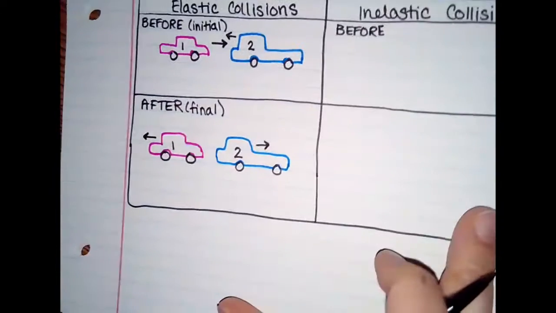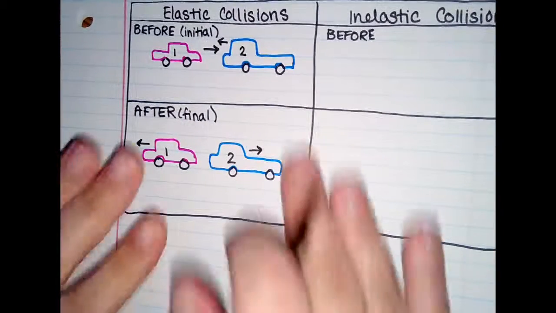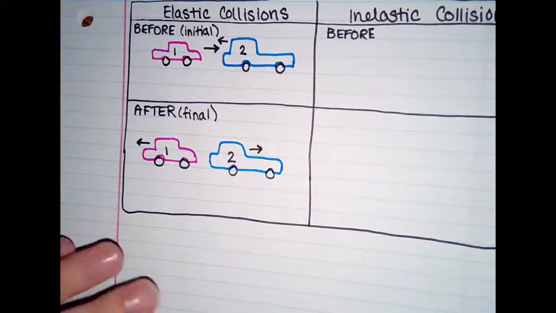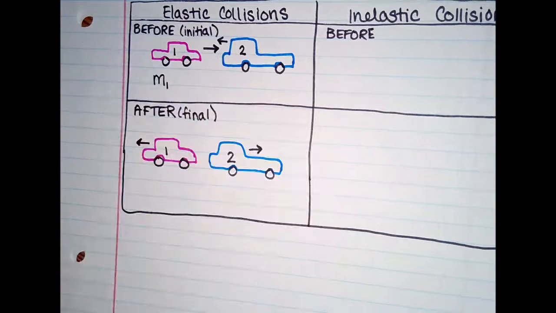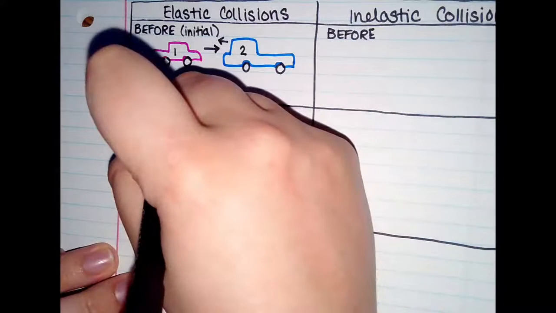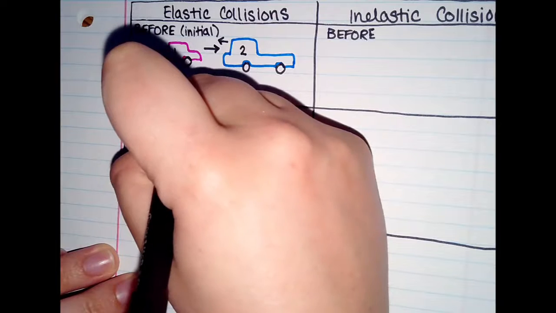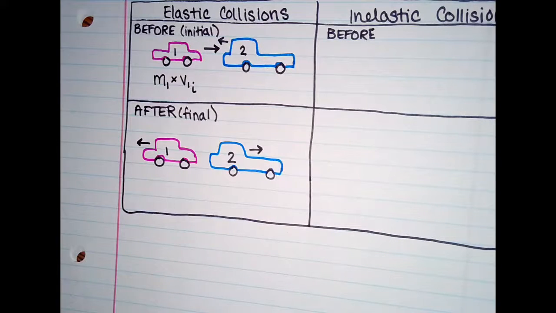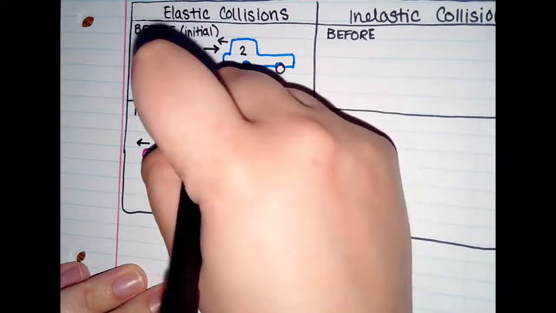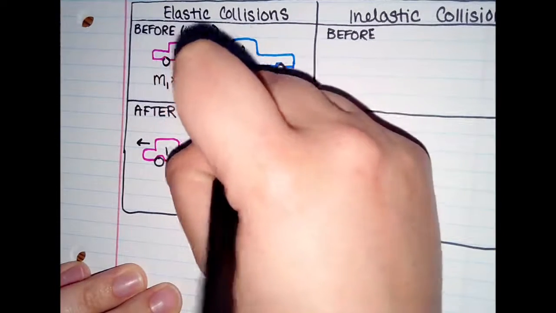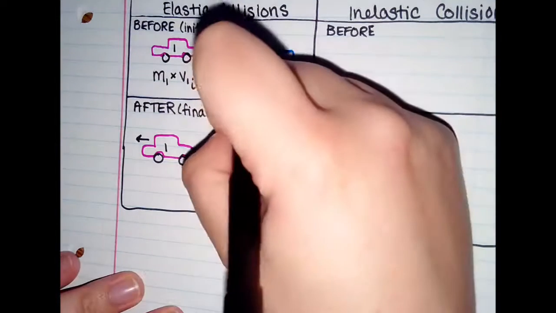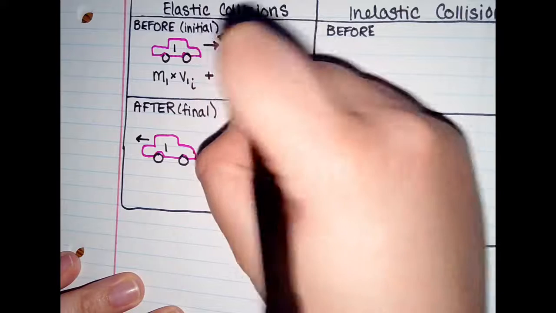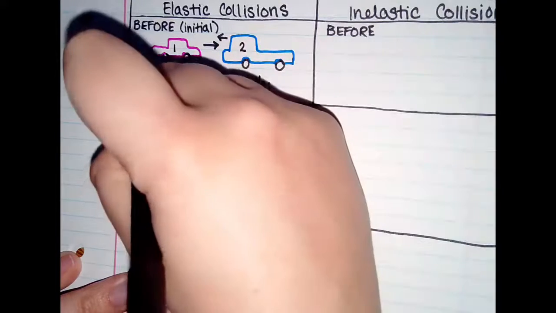So what could you do here? To figure out the momentum before, you could do mass of car 1 times speed of car 1 initially. Then you would add it to the mass of the truck, which is 2, multiplied by the speed of the truck initially.